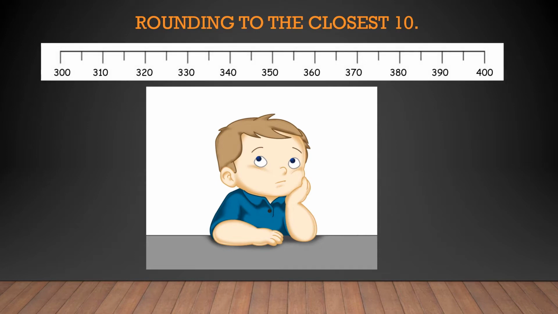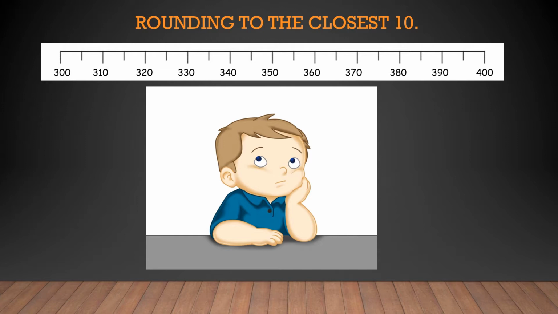We use a number line to start with. If you notice on this number line, we have 300 and 400 as our beginning and end points. In between, we have our multiples of 10. So we have 310, 320, 330, 340, 350, 360, 370, 380, and 390.